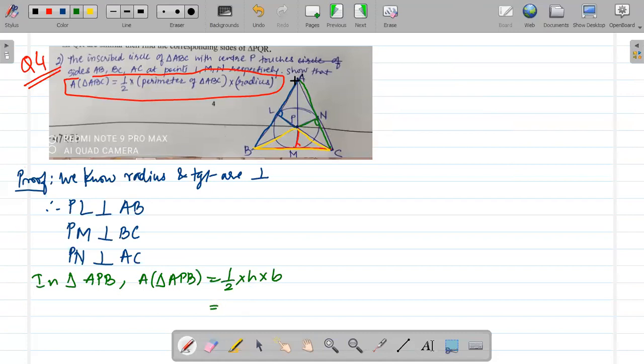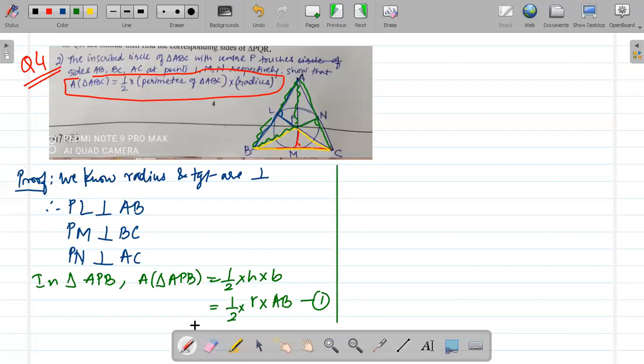For this triangle, the base is the tangent AB and the height is this radius. So that is half times R times AB. This is equation 1.